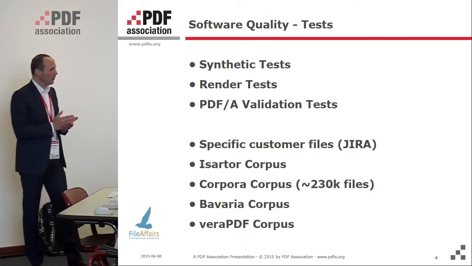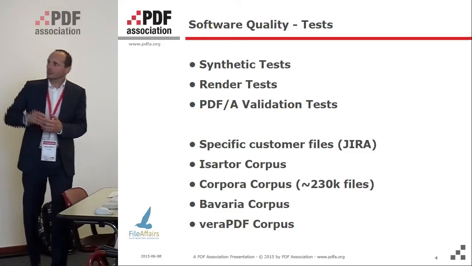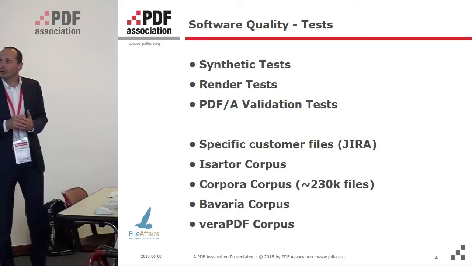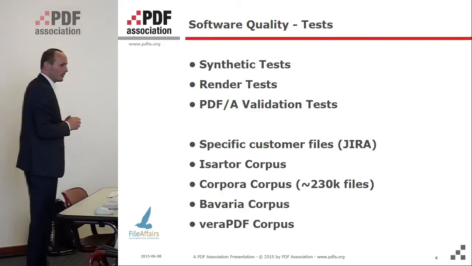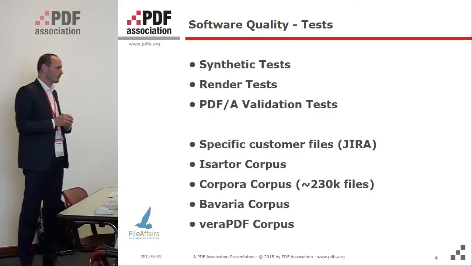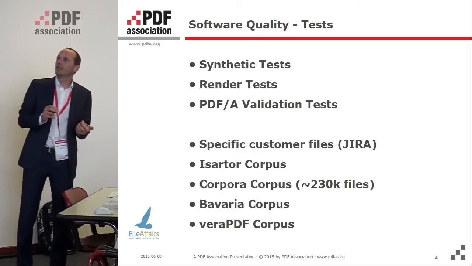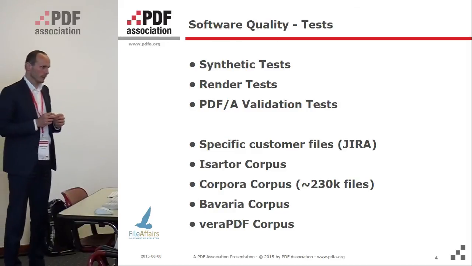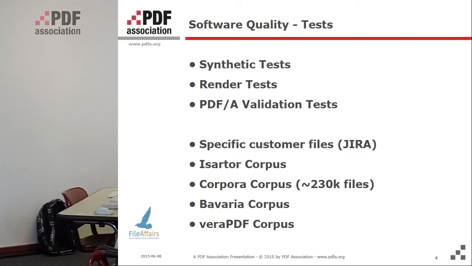So we were looking for an enhanced test bed, and we're taking the ESATOR and the Bavaria corpus files. ESATOR is from the PDF Association, Bavaria is from PDFlib. These files were specifically created for PDFA validation. So these are the files we're using for PDF validation as well as all the other tests.